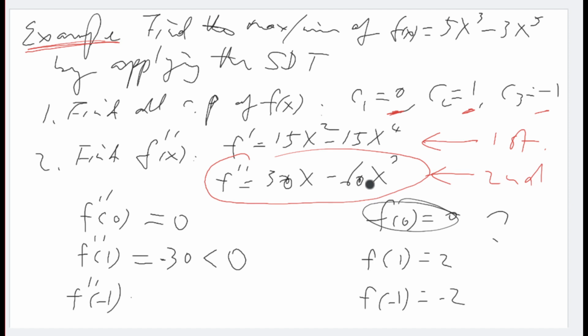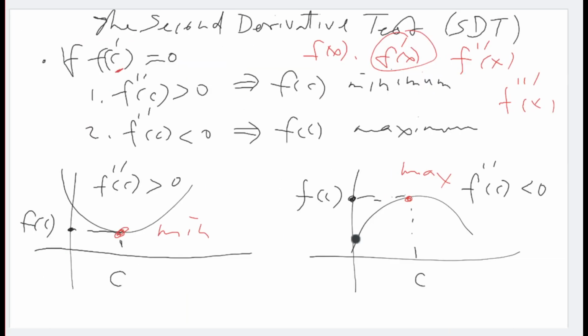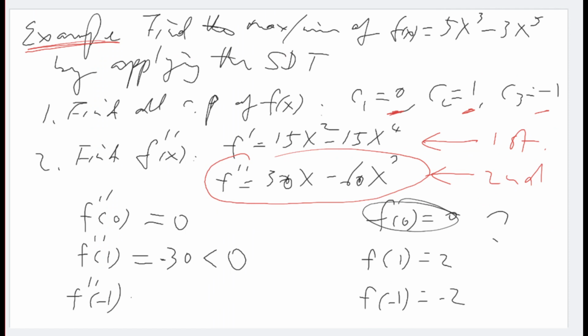It's negative, right? Okay, now I don't remember what we should have. The second derivative is negative, right? Let's check the test. If the second derivative is negative, the function value is the maximum. So we know this is the maximum. That's a maximum value.